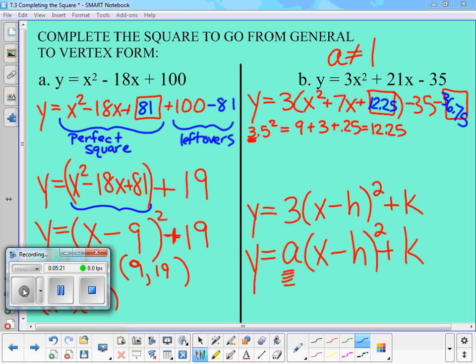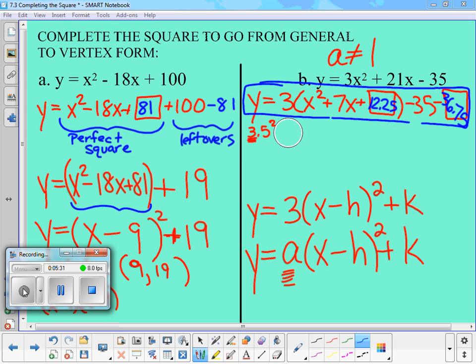Ready to wrap this up here, and we're going to take what we have in this line. I'm going to erase this. This was our little shortcut on how we got the 12 1/4. And we're going to go ahead and finish it up. So it's going to be y equals. The 3 gets copied down. We're going to create the x minus h squared part. We're going to create the perfect square part right in here.